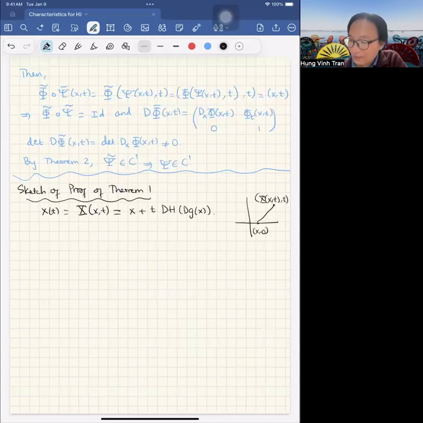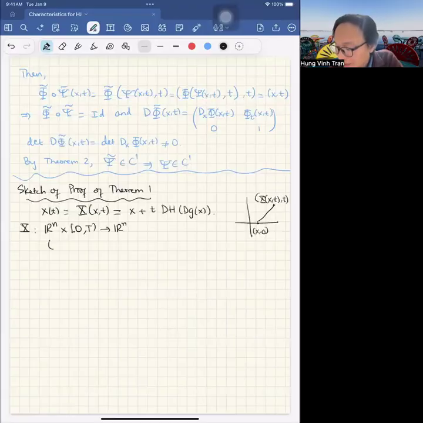And we have this map capital X, mapping from R^n cross (0,T) to R^n.